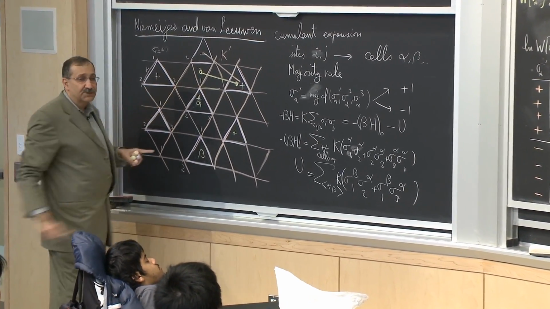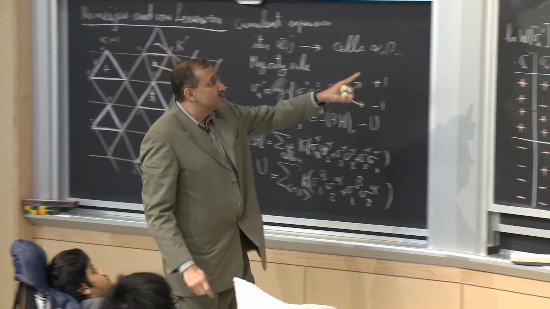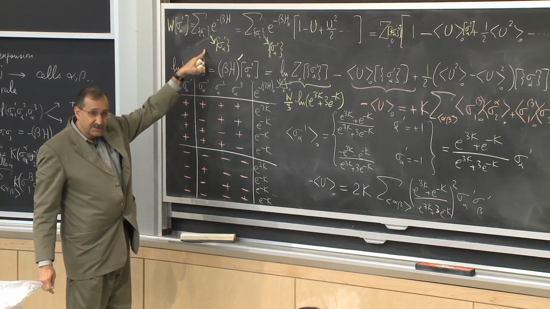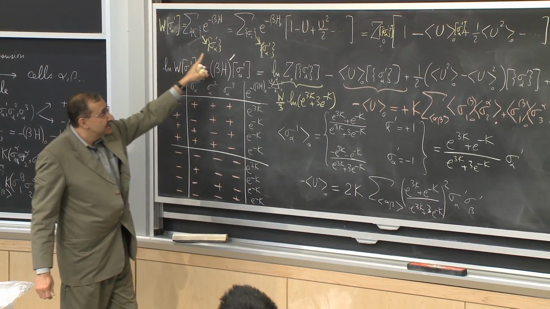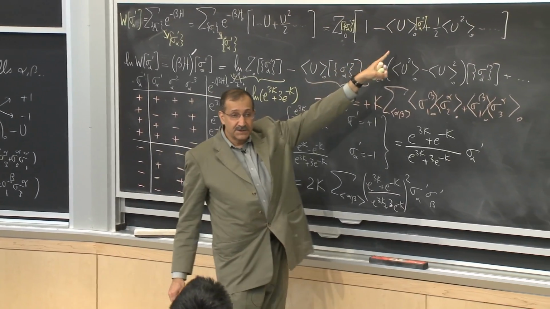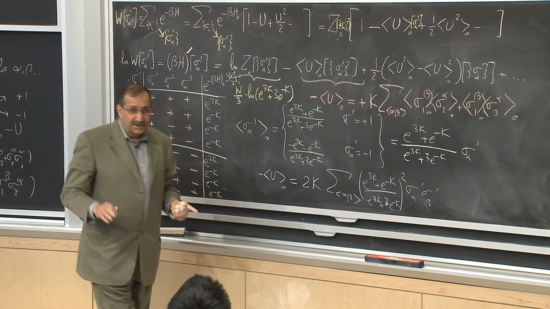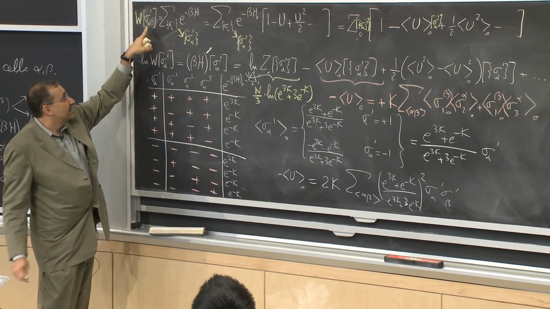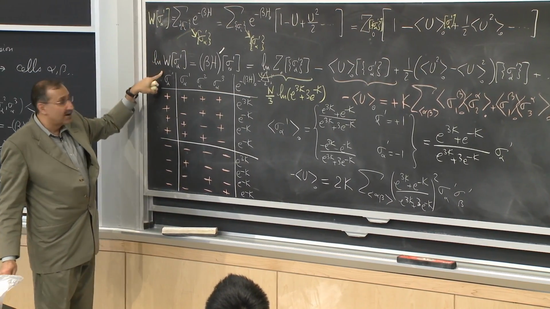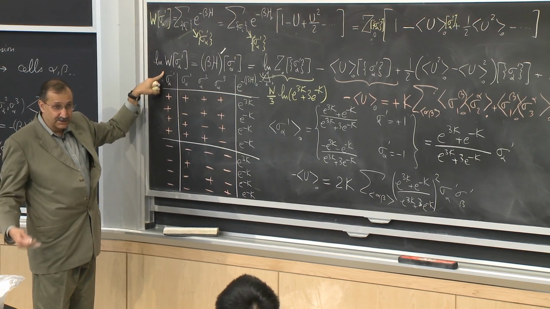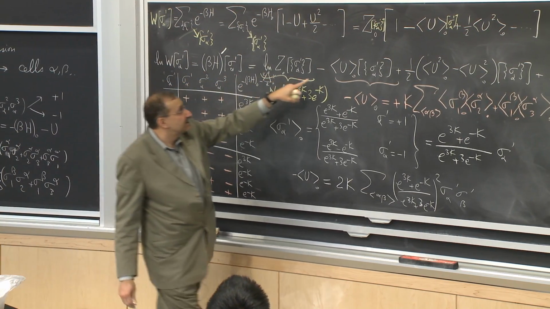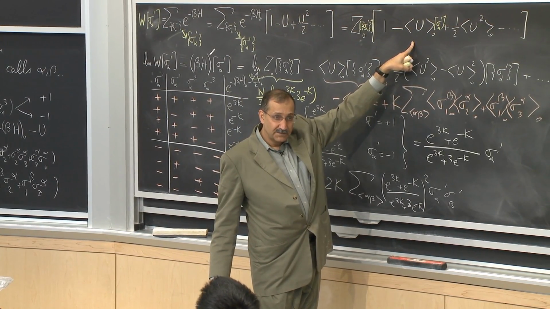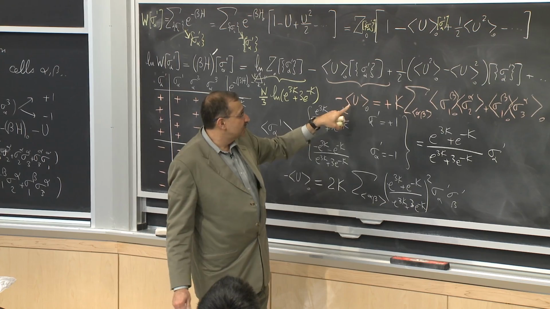So the weight of this configuration is obtained by summing over the weights of all configurations of side spins that are compatible with that. And that was a series that we had over here. And K prime, or the interaction, typically we put in the exponent. So I have to take a log of this to see what the interactions are. The log has this series that starts with the average of this interaction. Okay? So this was the formula for U.